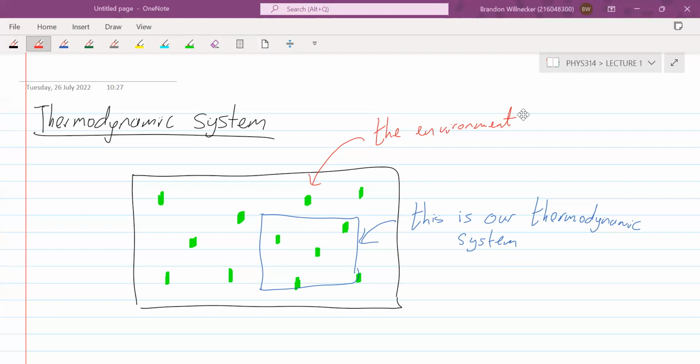In the next section of the module, this environment is going to be kept at a fixed temperature T. Since it is much larger than our system, this larger environment at a fixed temperature will fix the temperature of our system. In that case, we call the environment a heat bath. It's like a large body at a fixed temperature, and it fixes the temperature of our system that we predefined. So that's what we mean by a thermodynamic system.